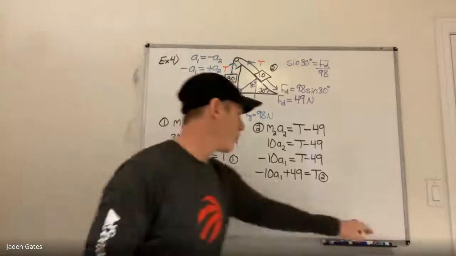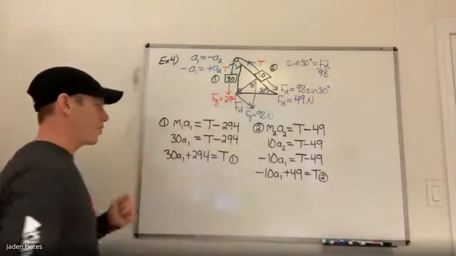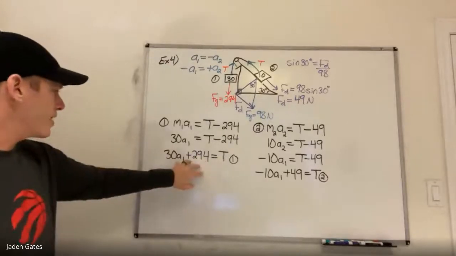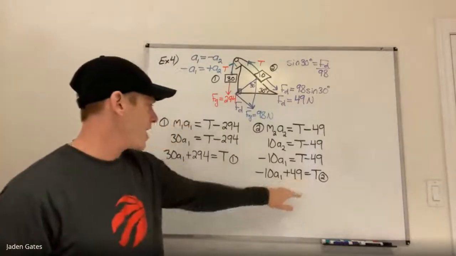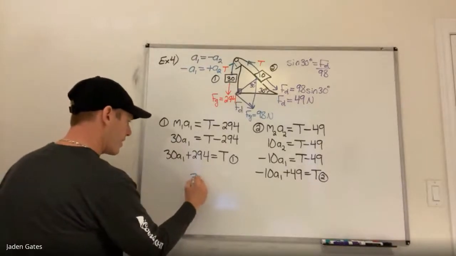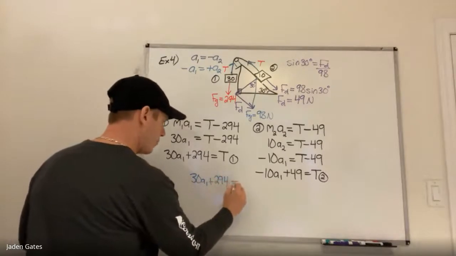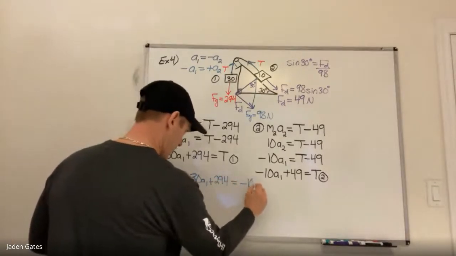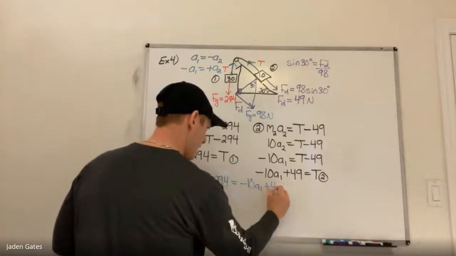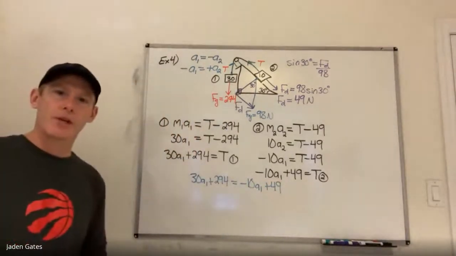Now I'm solving a system of equations, because I've got two equations and two unknowns. T equals this, T equals that, which means they equal each other. So I have 30A1 plus 294 equals negative 10A1 plus 49. Let's get our A1s to one side, numbers on the other.